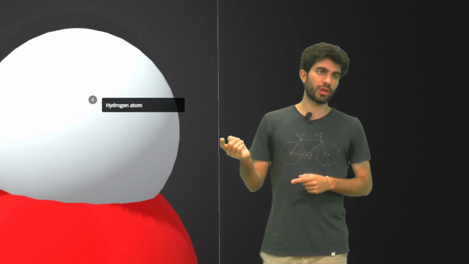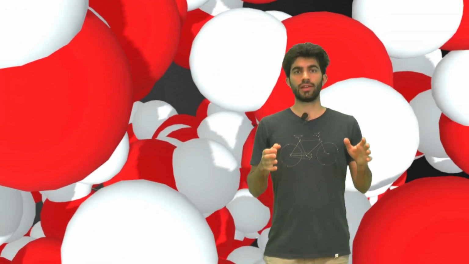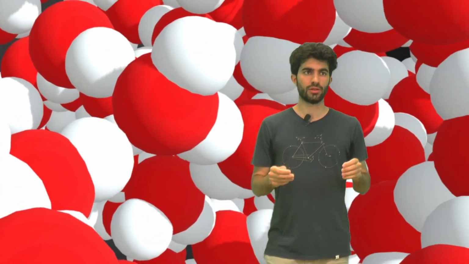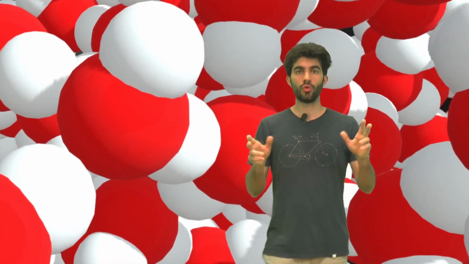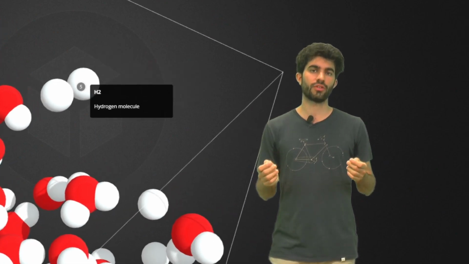But we can not only study the composition of our model, we can also zoom in and study the surroundings of one water molecule, looking at how many hydrogen bonds it makes, and so we can take structural data from this analysis. But these models are not just meant for structural analysis, we can also study chemical reactions on the surface of them.